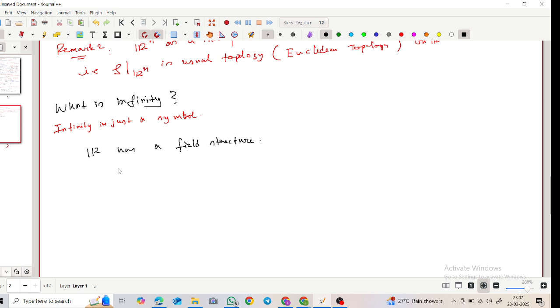So I am defining plus on R union infinity. How? So a plus infinity is infinity. Infinity plus a is infinity. A times infinity is infinity.